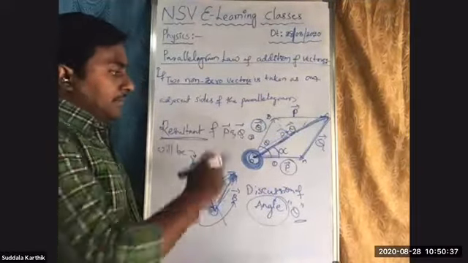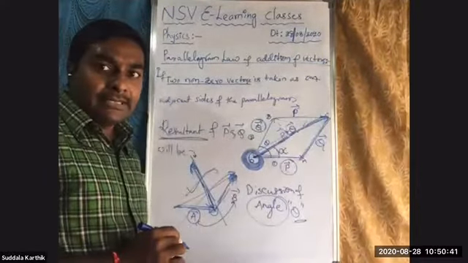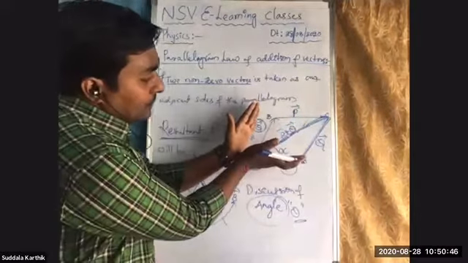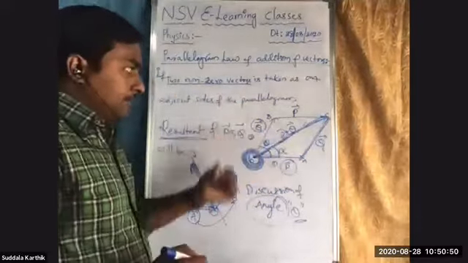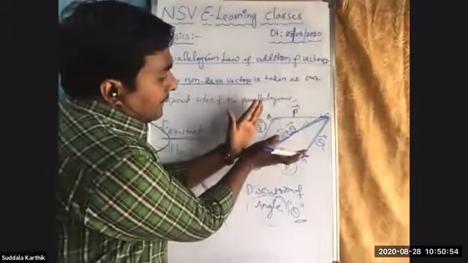So for that purpose only, they have taken this common point. The resultant one you always have to take like that. And the angle between those two vectors is theta. There is a proof, there is a derivation also.